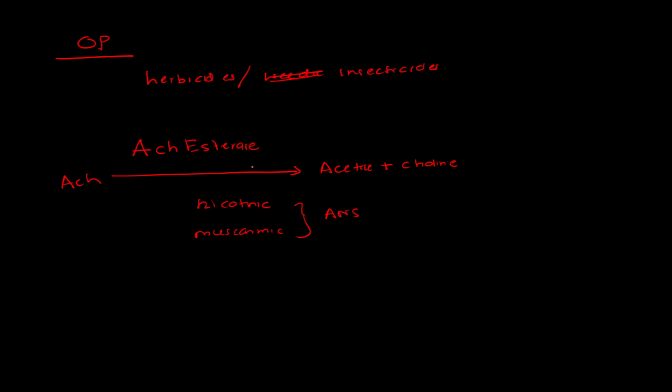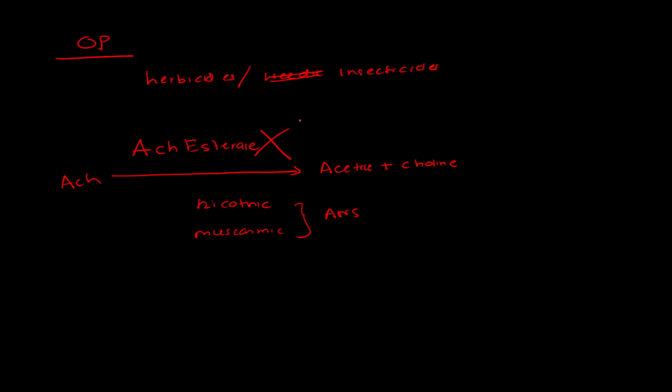So acetylcholine acts on these receptors and carries out specific functions. However, once the function is done, the acetylcholine has to be broken down. The breaking down process is carried out by acetylcholine esterase. However, this enzyme is blocked by organophosphate binding to the active site of the enzyme.